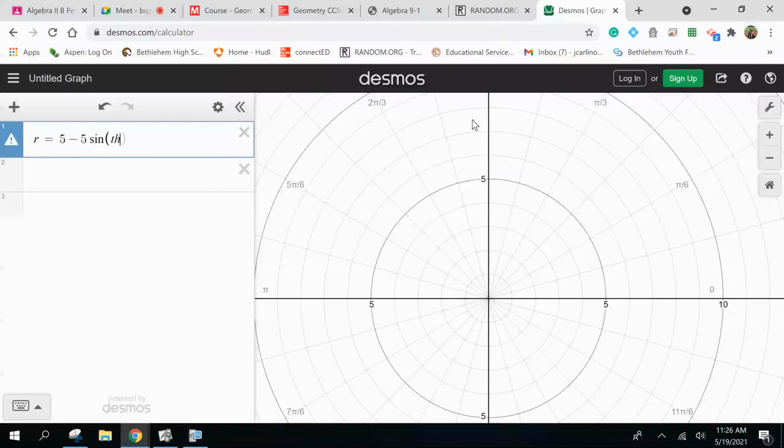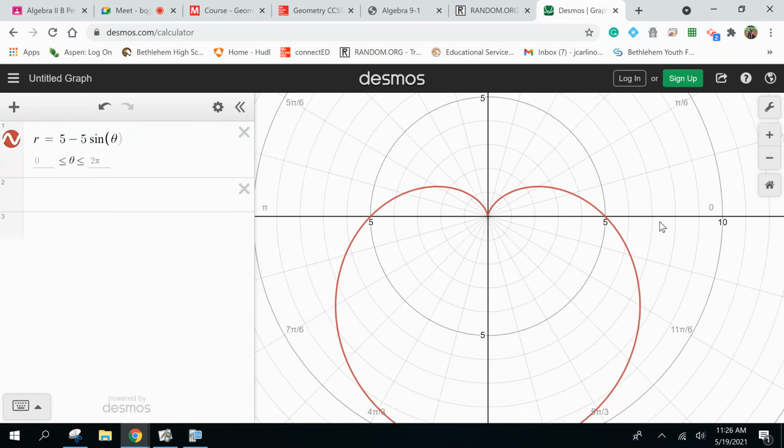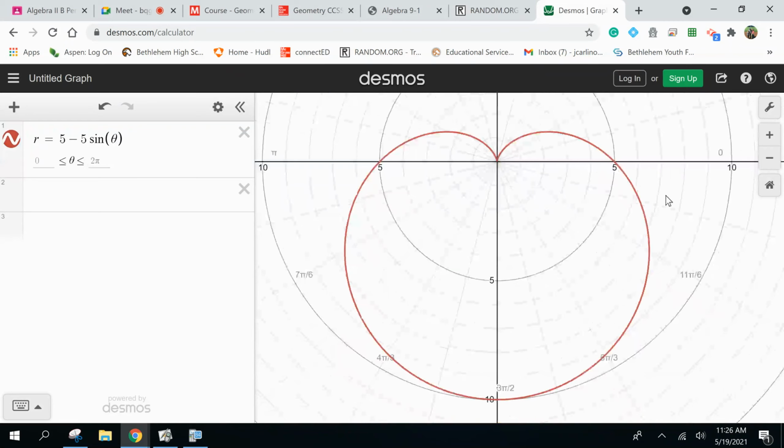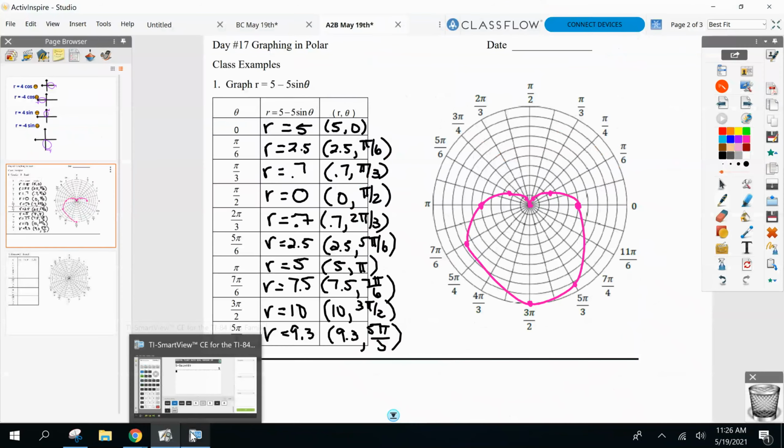Make sure you type in the word theta. Look at that. Looks pretty good, huh, Isaiah? Mm-hmm. Everyone else all right? It looks the same. We're good.